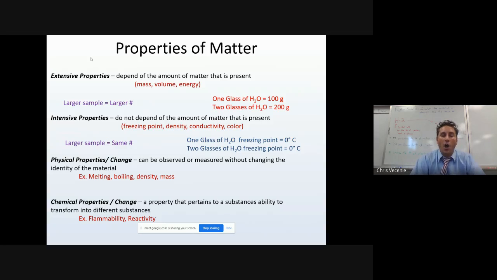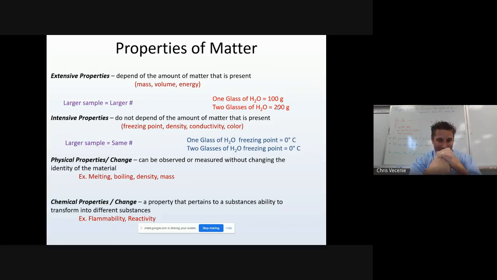It's going to get much hotter because it is going to release a larger amount of energy. So in general, the larger the sample, the larger the number. Here's a for instance with a glass of water. One glass of water weighs 100 grams. Two glasses of water is going to weigh double that, 200 grams, because there was twice as much. Believe it or not, there are properties whose numeric values don't change even if there's more of it.